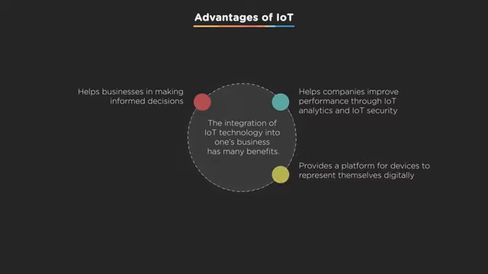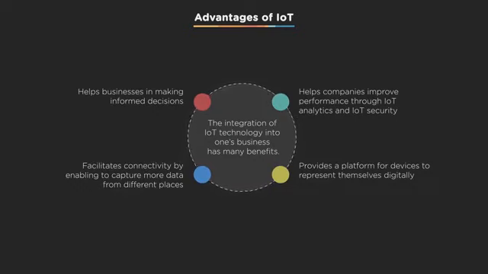Provides a platform for devices to represent themselves digitally and to control them from anywhere. Facilitates connectivity by enabling to capture more data from different places, ensuring more ways of increasing efficiency and improving safety and security. Let's understand how industries are leveraging this technology.